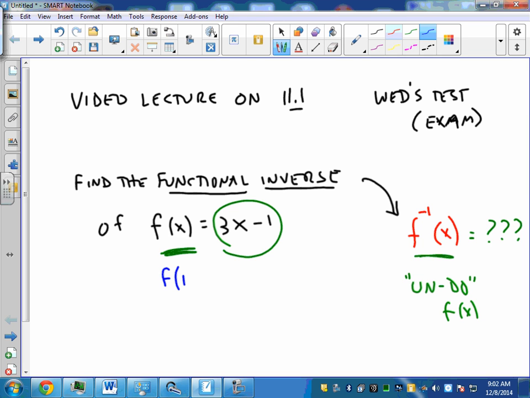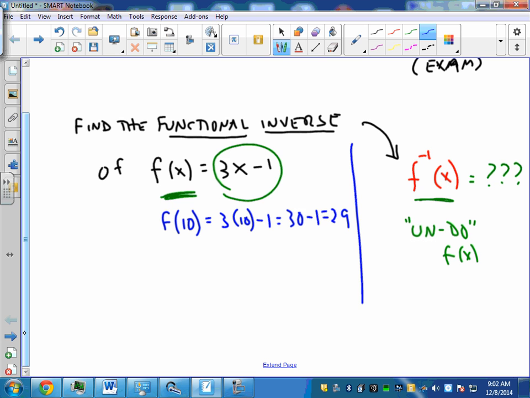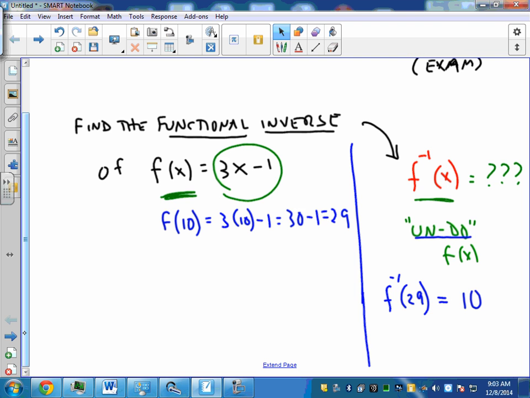If I put 10 into f, this would be 3 times 10 minus 1, which is 30 minus 1, which is 29. Okay, so f of 10 is 29. If I have the correct f inverse, it has to undo this. So if I put 29 into f inverse, I'm supposed to get 10. That's the idea. Okay, so again, how do I find f inverse?